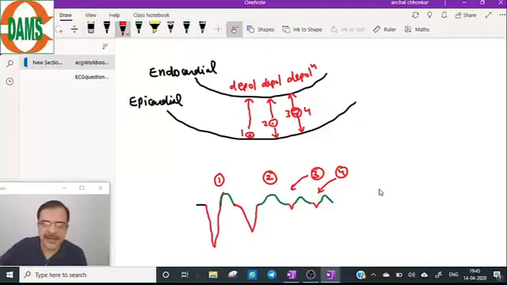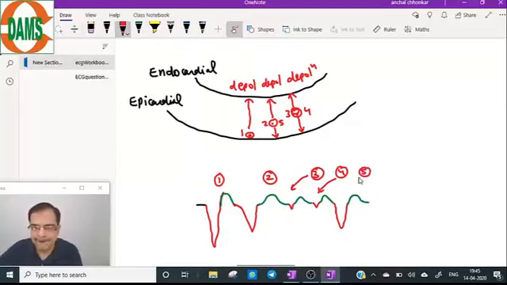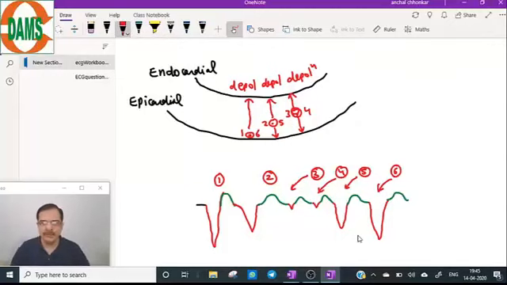Now the fifth cycle is due to the second site, so it will resemble number 2. And the sixth is originating from the number 1 site.